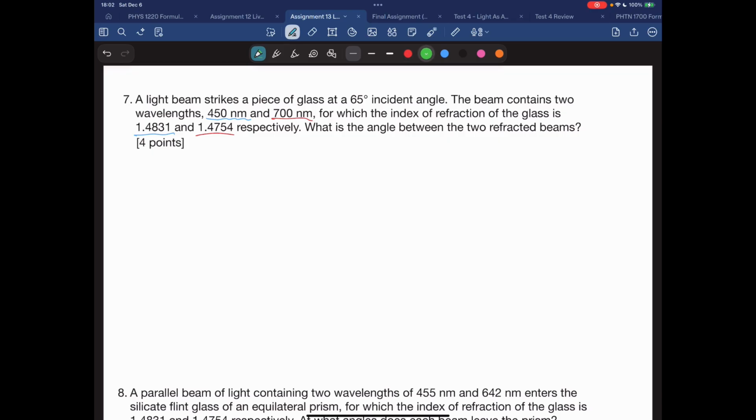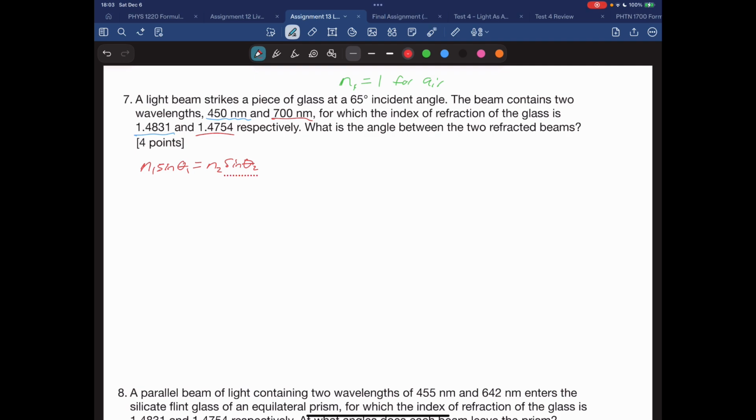Let's assume that N1 equals 1 for air. So, setting up Snell's law, we get N1 sine theta 1 equals N2 sine theta 2.